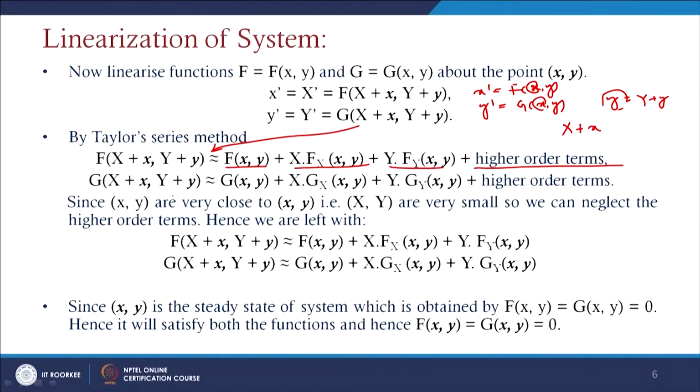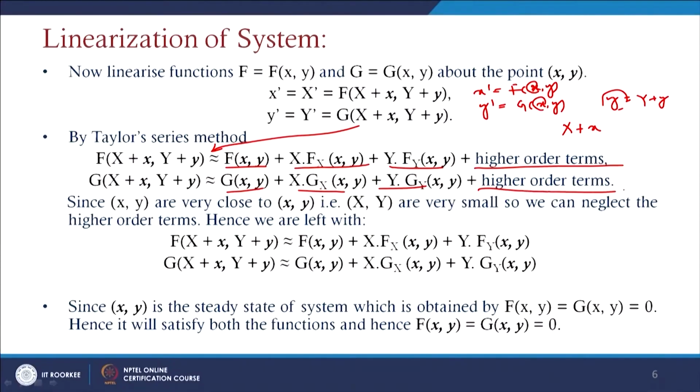Similarly, we write g of x plus x and y plus y as g of x y plus x g x plus y g y, where g x and g y are both differentiable at the point x y, with higher order terms which can include second order, third order or higher.